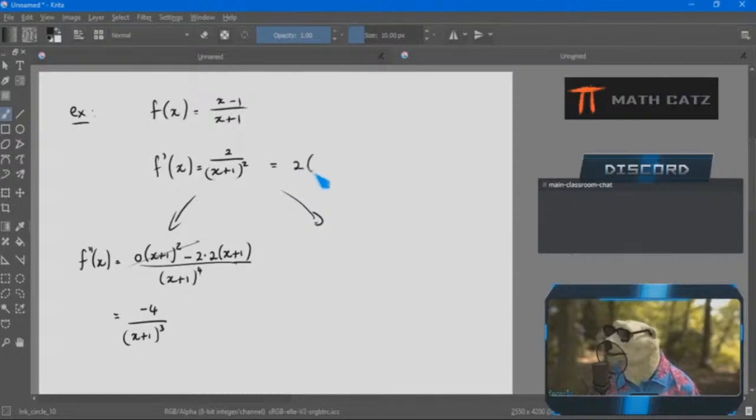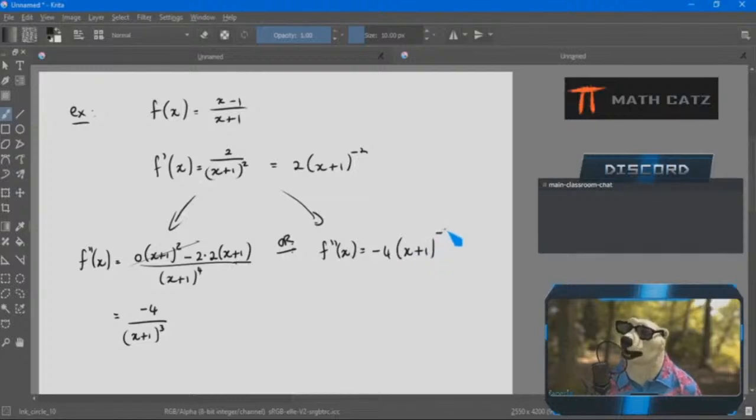I have fancier properties that might be applicable. I could see this as 2 times x plus 1 to the negative 2. That means I can avoid the quotient rule, but I have to use the chain rule. So this is an OR. So I could use that approach instead and say, okay, chain rule, negative 4 times x plus 1 to the negative 3. I don't love negative exponents moving forward, so I move it to the appropriate side, and you see I get the same thing.